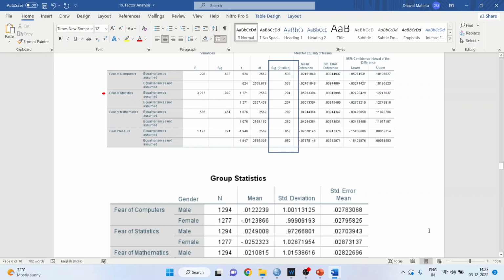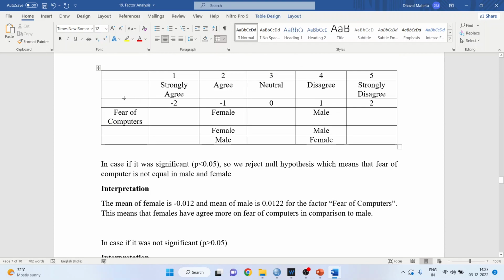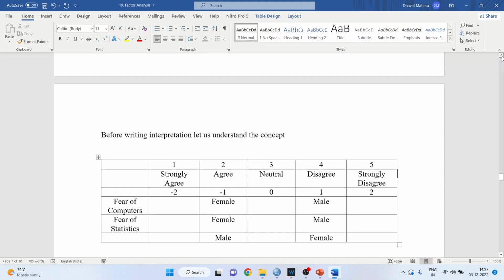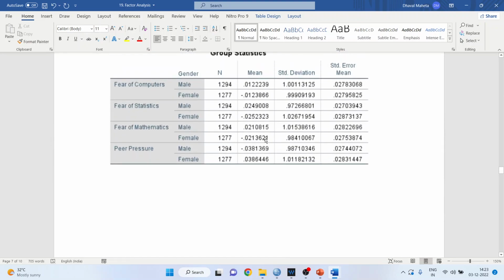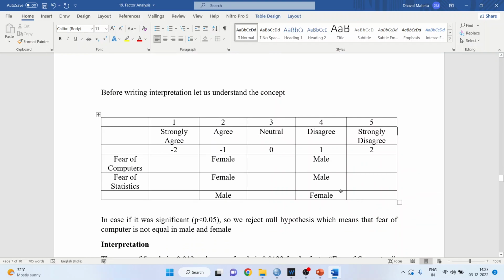The mean is positive and negative, so it will be the same thing. Again, let us see mathematics. It is positive and negative, so again it will be male and female. Male is on the positive side. So fear of mathematics.